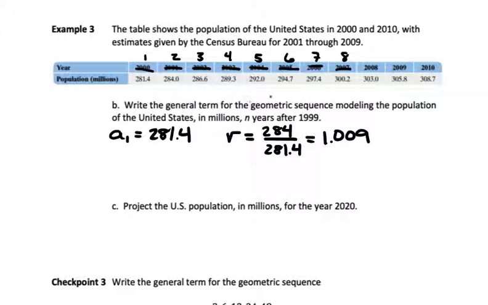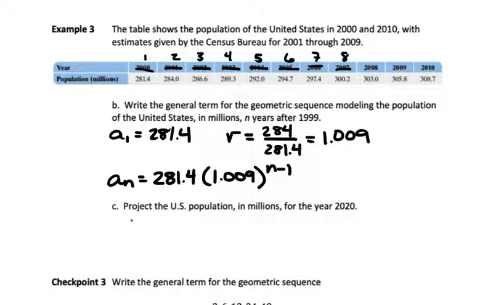Now, it could be slightly off for some of them due to rounding, but it will be about 1.009. So then, to write my general term, a sub n equals a sub 1, 281.4, times r, 1.009, to the n minus 1 power.